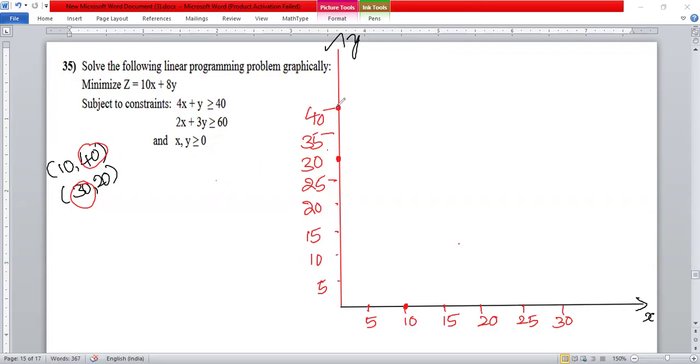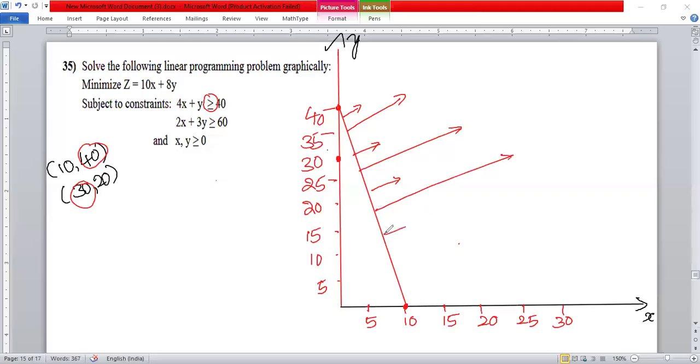That is greater than or equal to, it means outside the region.